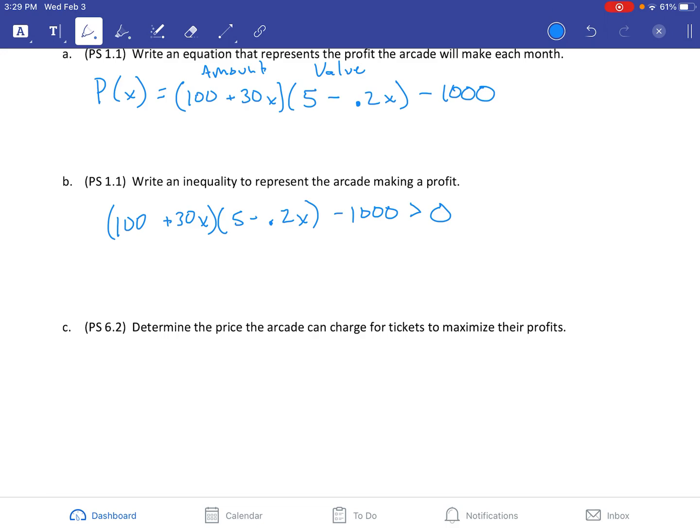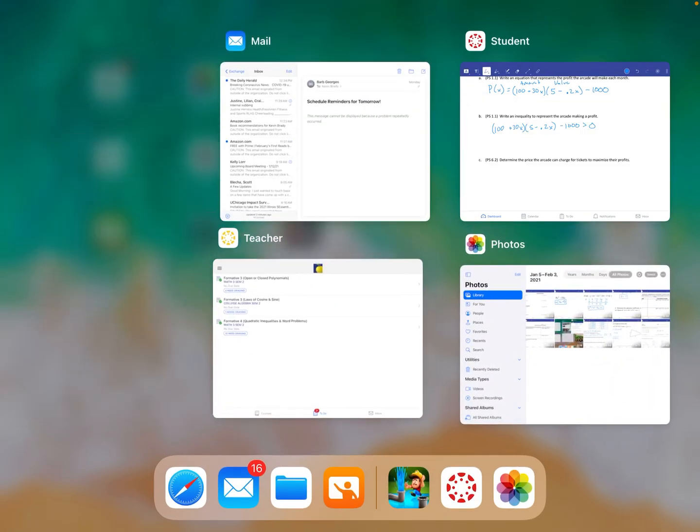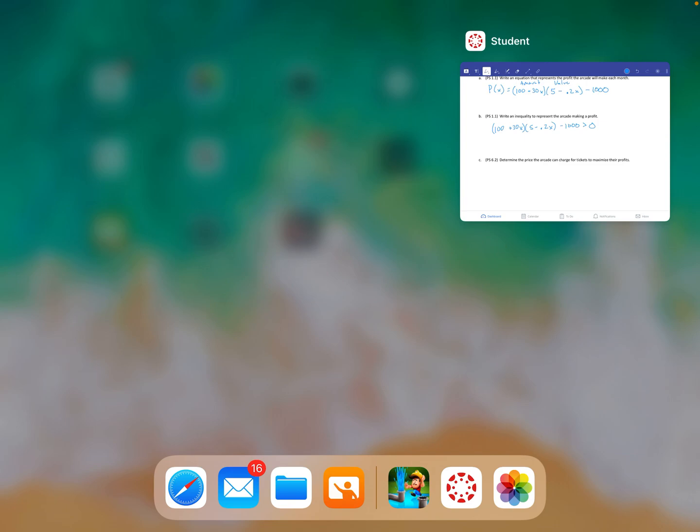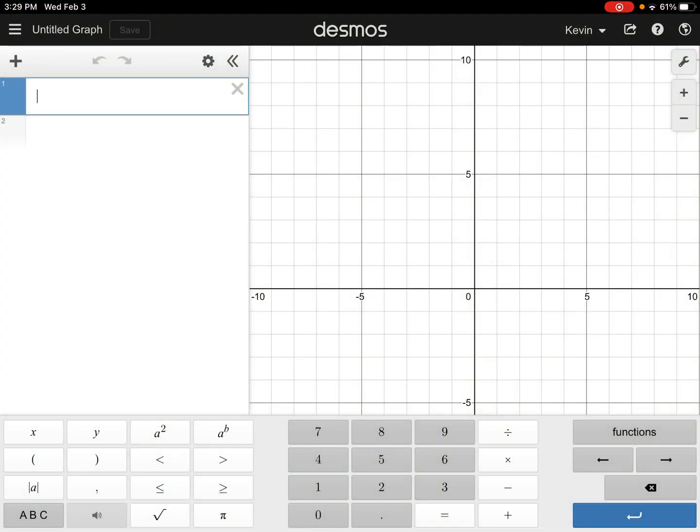Okay, now we got to determine the price the arcade can charge for tickets to maximize their profit. So what we're going to do is go over to the Desmos app. Sorry about that. I'm going to click on the Desmos app here. I'm going to write our equation.